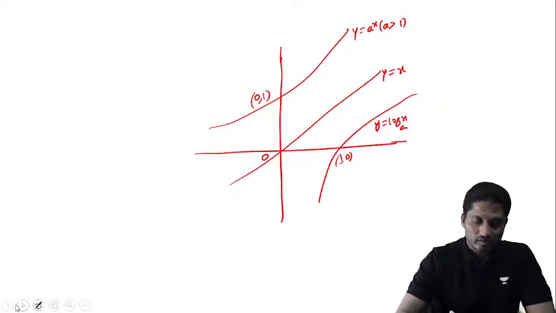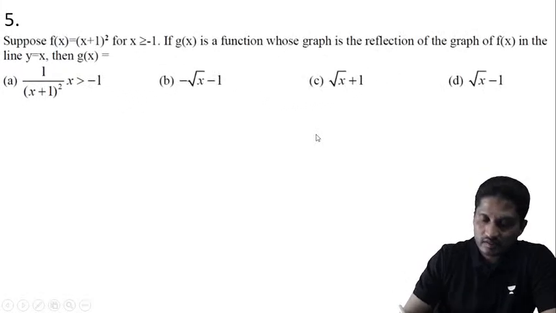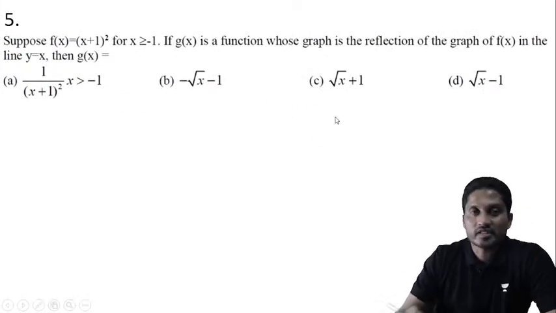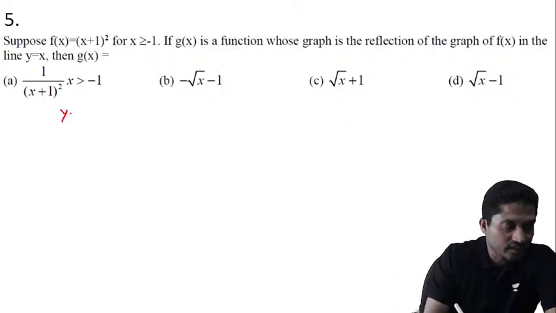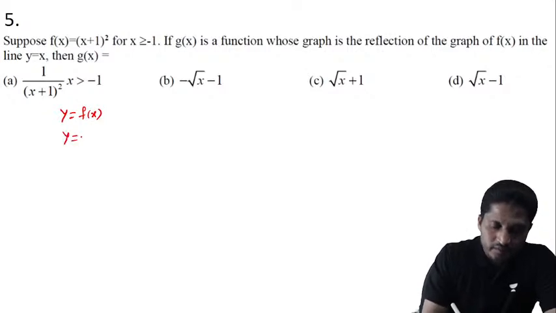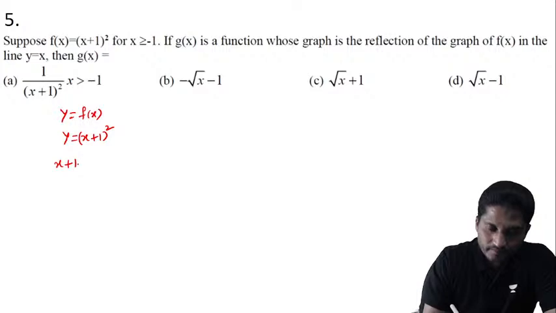Okay, now if I use the same logic with respect to the line y equal to x, if I find the reflection, it should be the inverse only. Y is equal to f of x, right? Y is equal to x plus 1 the whole square. This is y as a function of x. Alright, x as a function of y. X plus 1 is equal to root y.